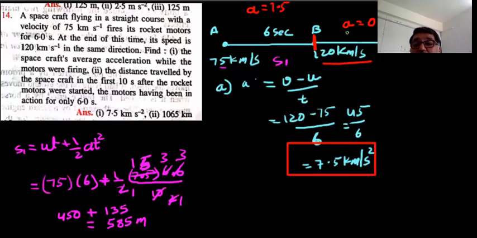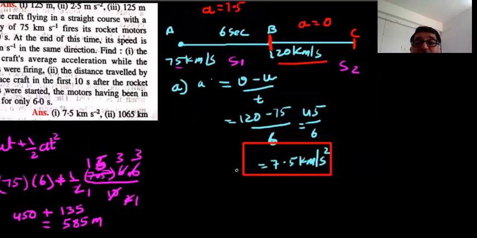Now let's try to find S2. Now for that we have velocity equals 120 kilometers per second, and remember, we have to find the displacement after 10 seconds. So 6 seconds it took us to go from A to B, so from B to C the time will be 4 seconds. Remember, the formula for velocity: velocity equals displacement upon time. Here we are using this formula because acceleration is equal to 0.